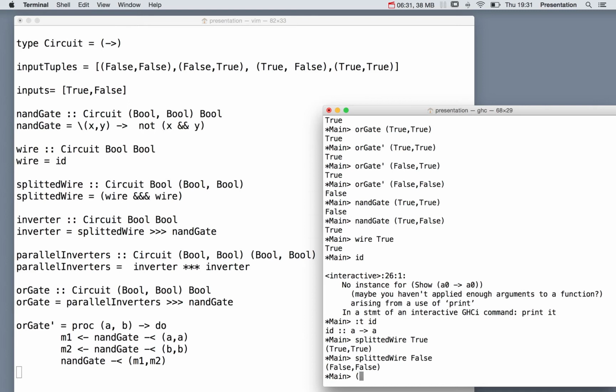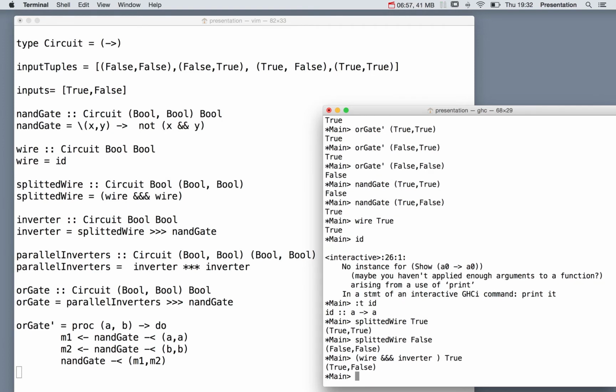But what happens if we, for example, take a wire and an inverter, and I put in true?